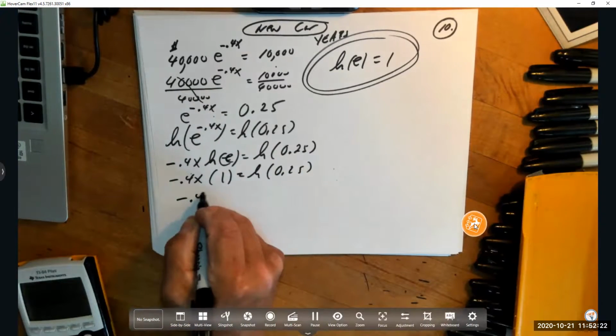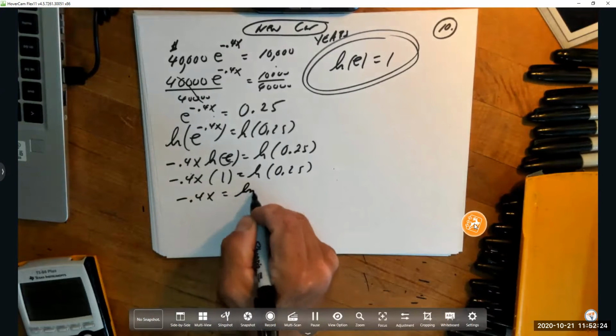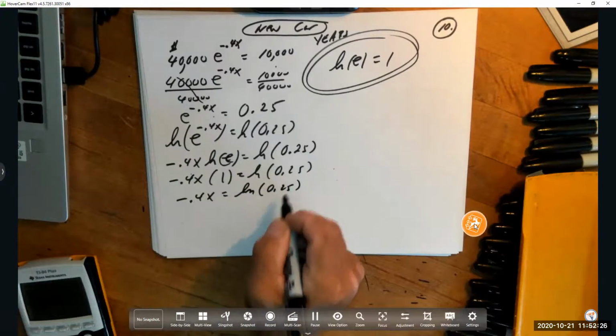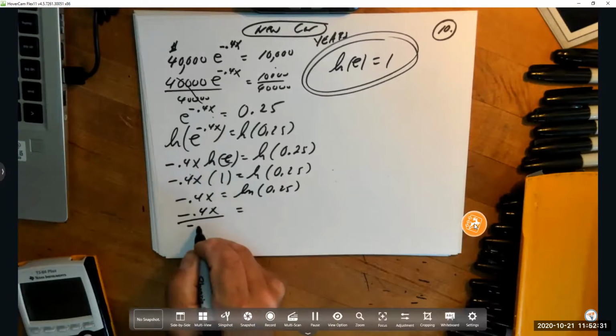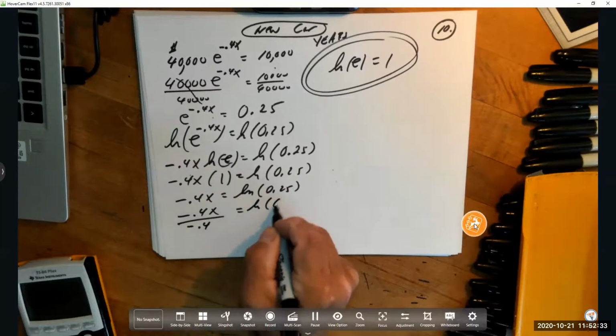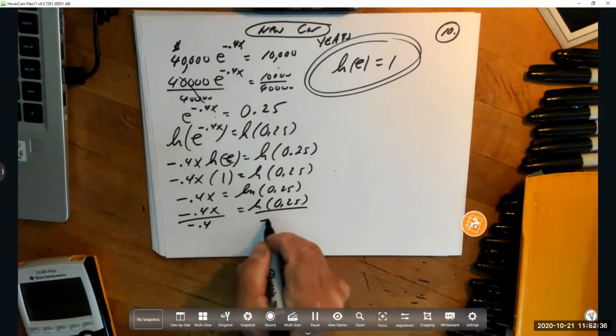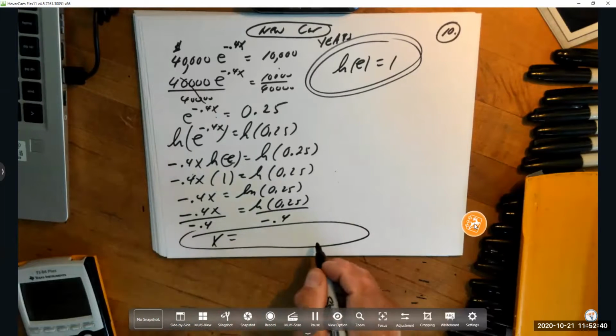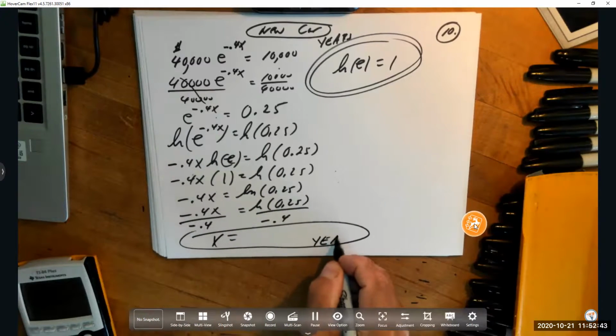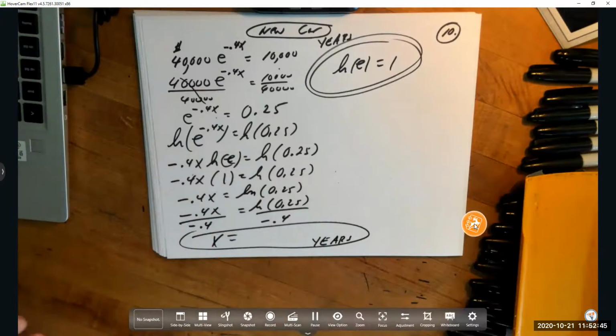So negative 0.4x equals ln of 0.25. So now I'll divide both sides by, you told me, what? Negative 0.4. And same thing over here, negative 0.4. So x is years. Give me numbers. Let me do it on my machine: ln of 0.25 divided by negative 0.4. What did you get?